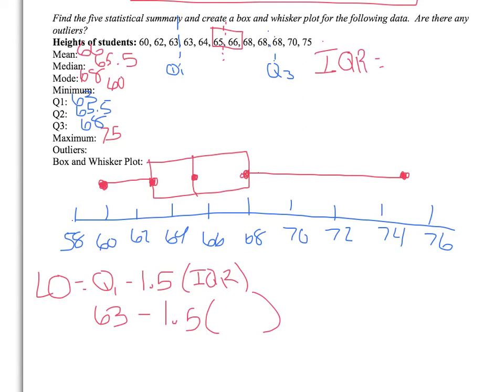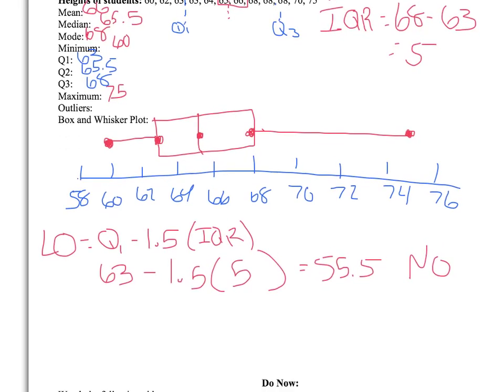The interquartile range is Q3 minus Q1, so 68 minus 63, which is 5. When you take 63 minus 1.5 times 5, you get 55.5. Look at your data set. Do you see any values below 55.5? The answer is no, so there's no lower outlier.